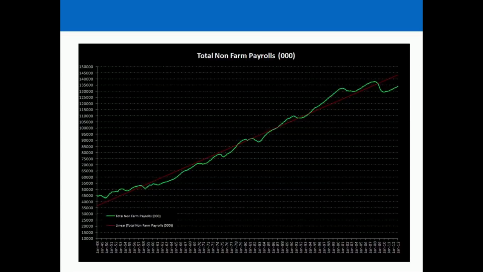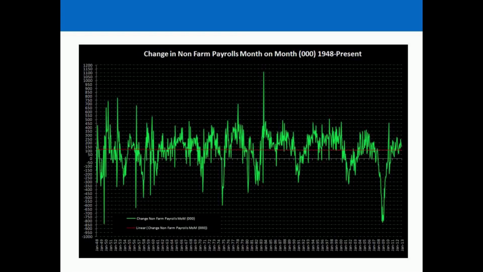That's total non-farm payrolls with a long-term trend. Change in non-farm payrolls. So that's the number we look at each month. So you got on the left-hand side there, 50,000, 100,000, 150,000. How many jobs are added or taken away from the US economy? Pretty simple number.